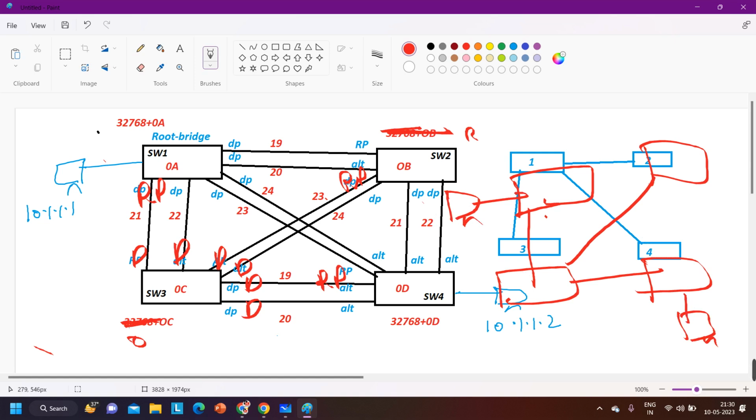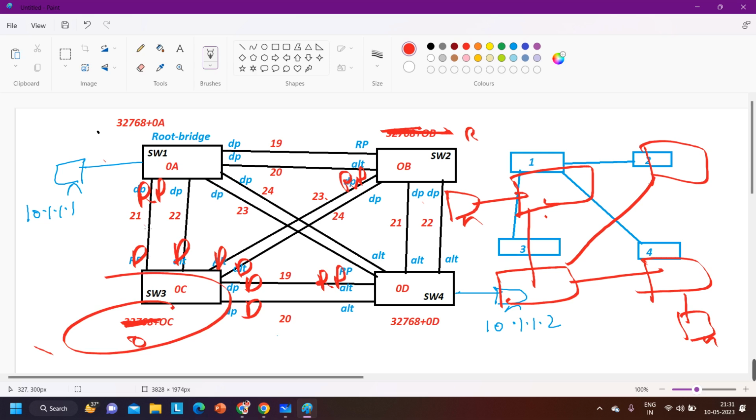But suppose now you are not allowed to change the root bridge priority. Then what can you do? In the first task, let's say you are not allowed to change root bridge priority, it should be the same on the link.